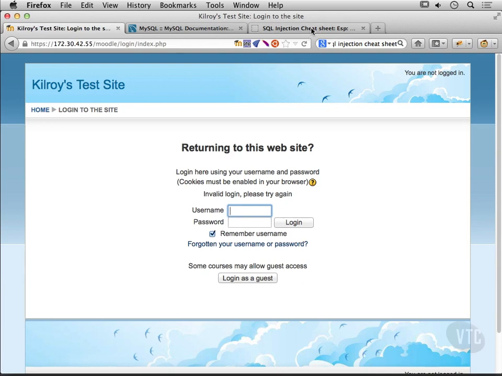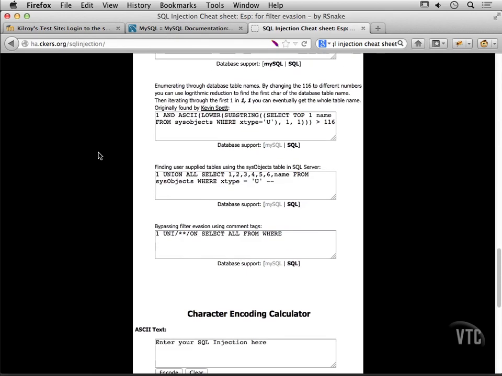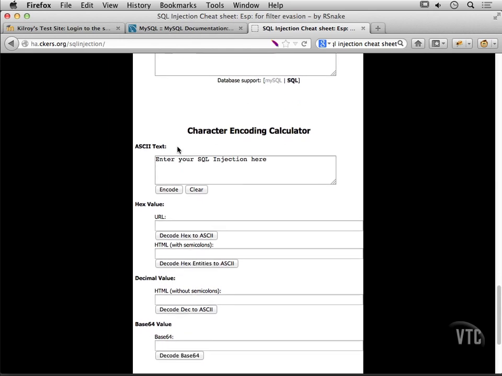Now, one of the nice things that this particular site has is some places where you can do encoding. And of course, we've talked about other plugins for Firefox that will do similar sorts of things. But you may need to, for example, ASCII encode your injection. So I may need to do something like this, for example.